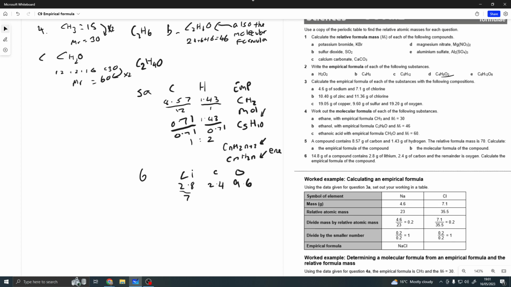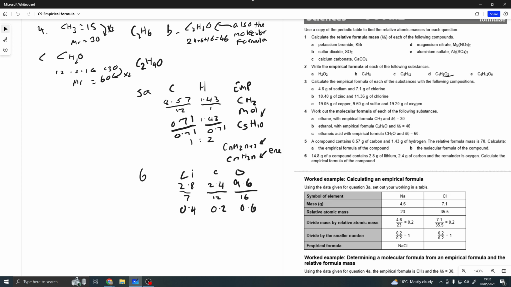Now let's go ahead and divide these by their AR. Oxygen's is 16. So 2.8 divided by 7 is 0.4. 2.4 divided by 12, let's stick in the old calculator, that's 0.2. And finally 9.6 divided by 16 is 0.6.